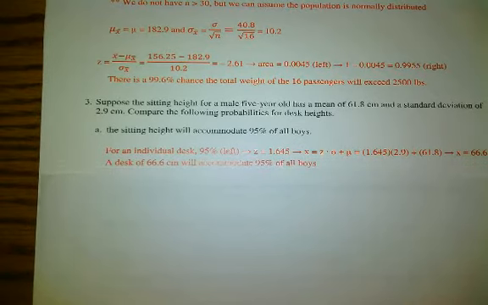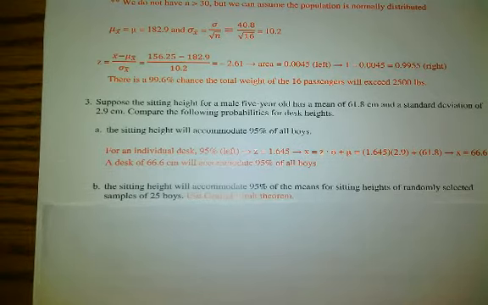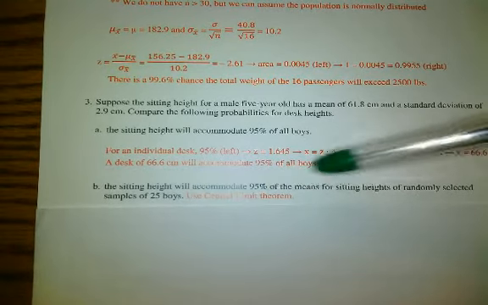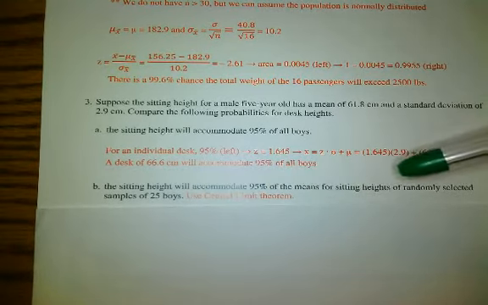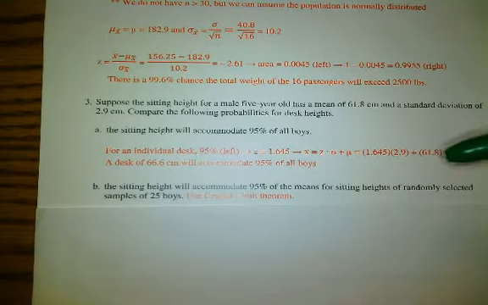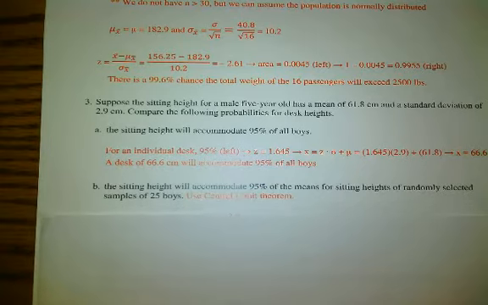Okay? Now, what about the sitting height we will accommodate 95% of the means for sitting heights of randomly selected samples of 25 boys, or approximately an elementary classroom full of boys.